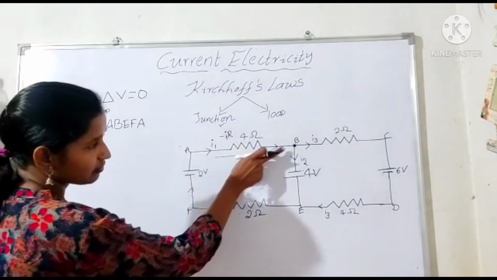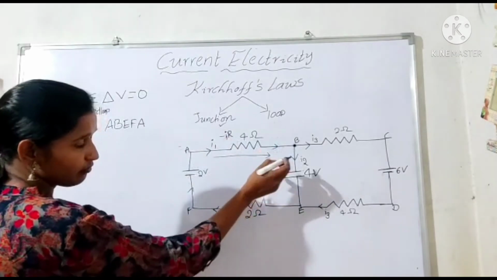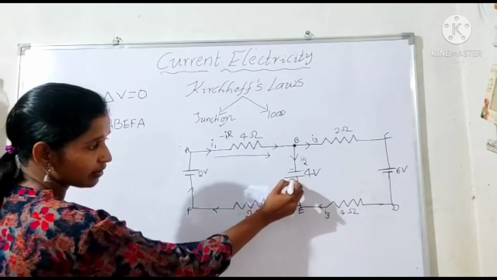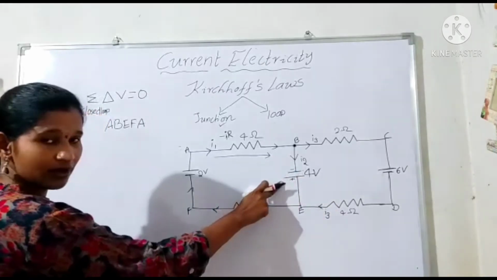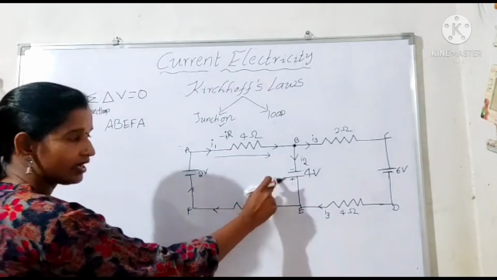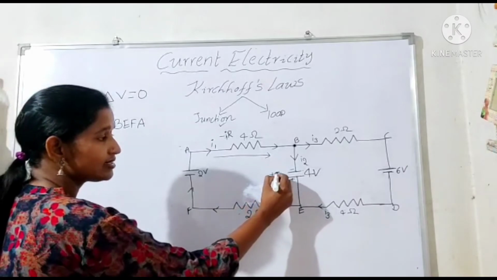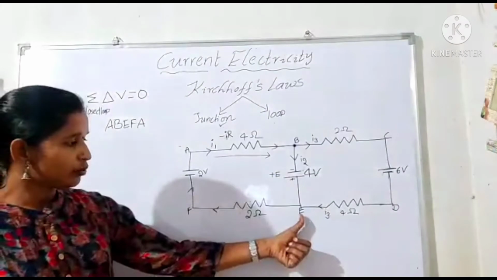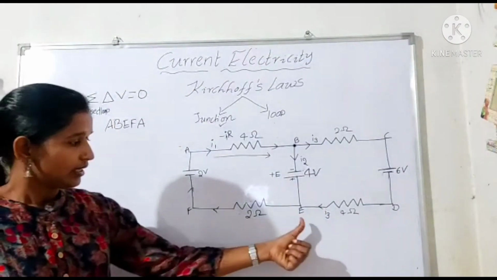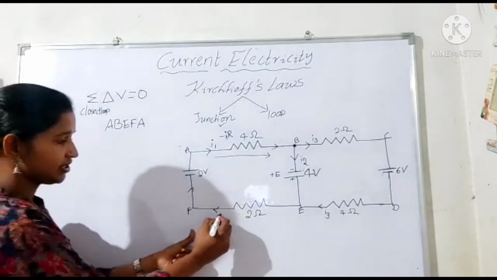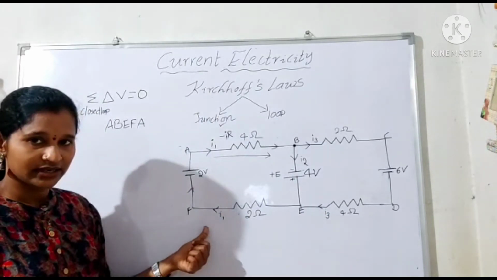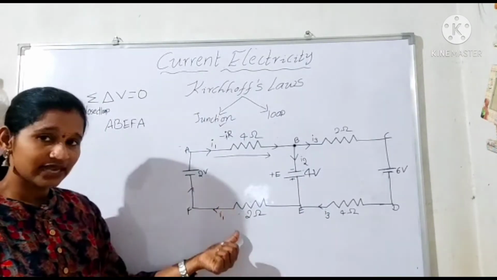Then now the path from B to E. We are traveling from the negative terminal of the battery to the positive terminal of the battery. Here we take that as plus E, positive. Next we are traveling from E to F. The current direction is in this direction, and we are traveling through the resistor in this direction. That means both are in the same direction.